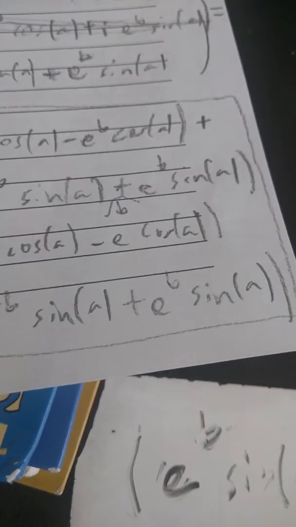Okay, we have a big product. As you can see, we have e to the b sine of A minus e to the negative b sine A times e to the negative b sine A plus e to the b sine A. So we can rearrange that to make it like x plus y by x minus y.